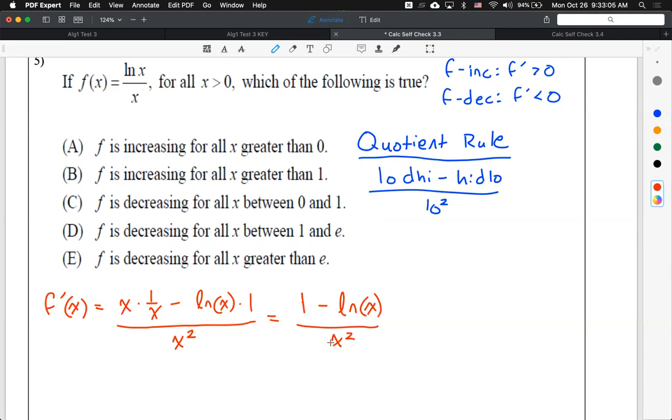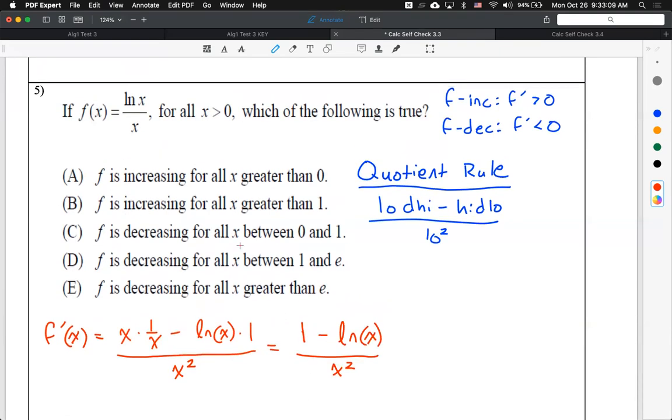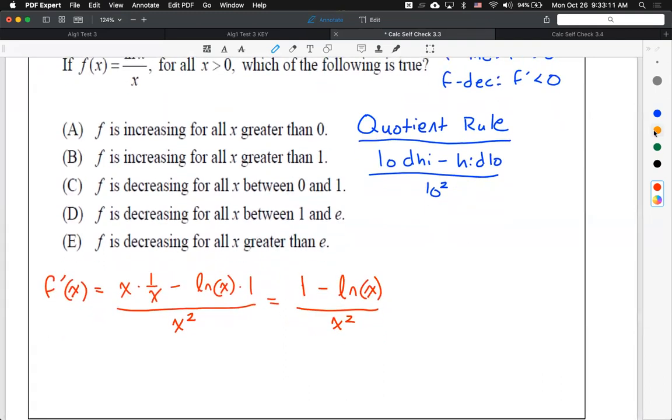Okay, so we need to find our critical values, because if we find critical values, then we can find increasing and decreasing intervals. So I think it's worthwhile defining what are FCVs, Fiona. Careful, F prime sign change is relative extrema.